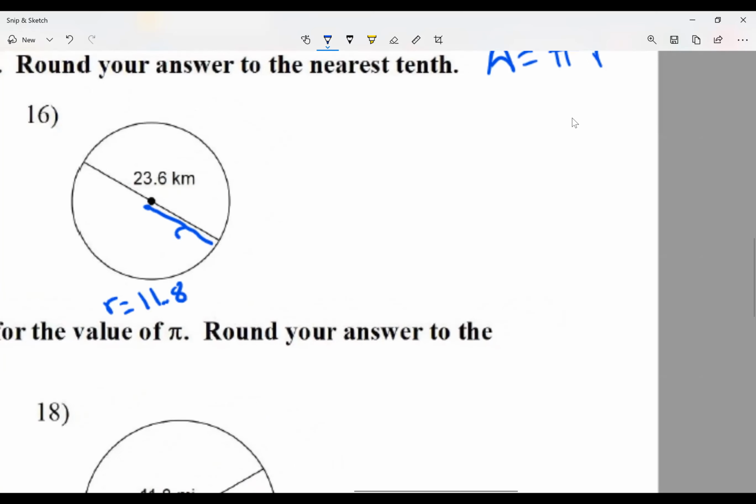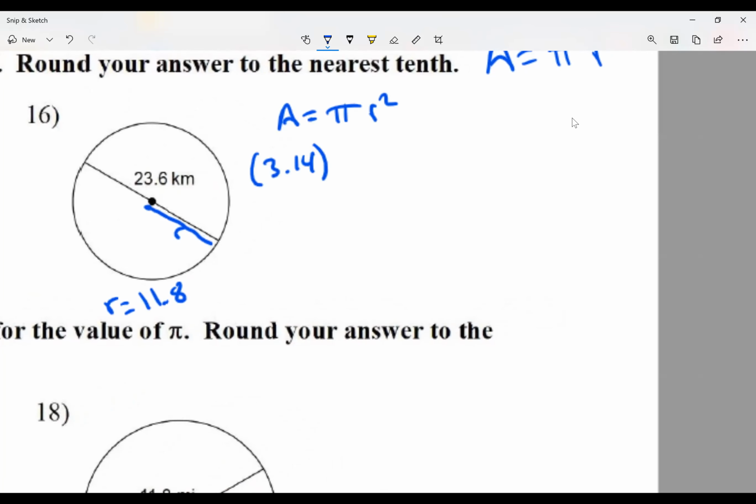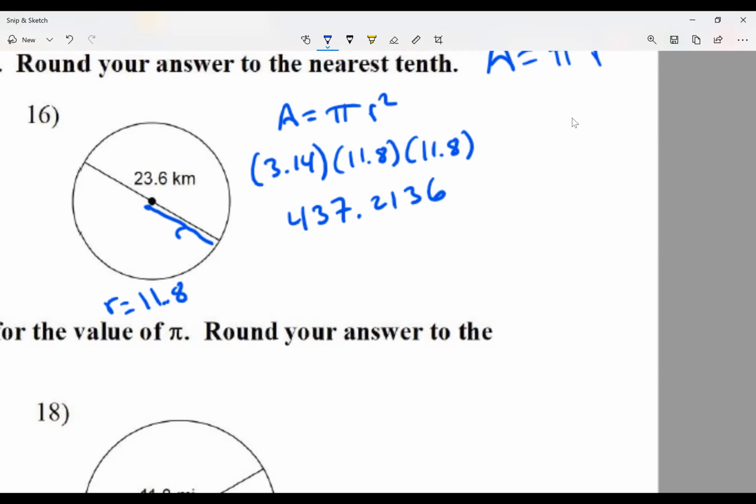So the way I'm going to find the area, I know area is pi times radius squared. So I'm going to go 3.14, that's what I'm going to use for pi, times 11.8 times 11.8. I use the radius twice. My calculator gives me 437.2136. I'm supposed to have only 1 decimal place, and I have more than 1.